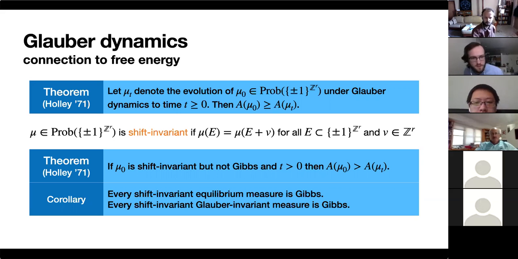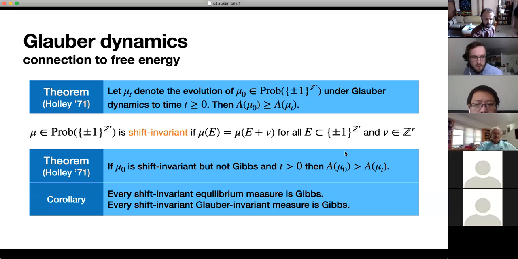If someone wants to jump in, I don't have a super great sense of why you would need to require something like this to get the following results. But if you're coming from ergodic theory, it's a pretty natural thing to require, right? They were looking at a measure preserving system. It's just a measure that's preserved by the natural action of the lattice on itself.